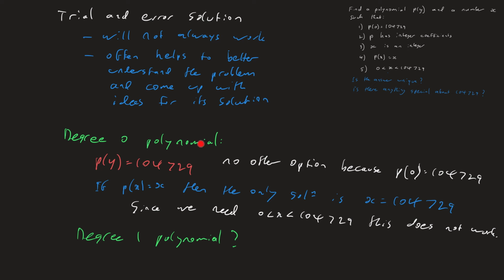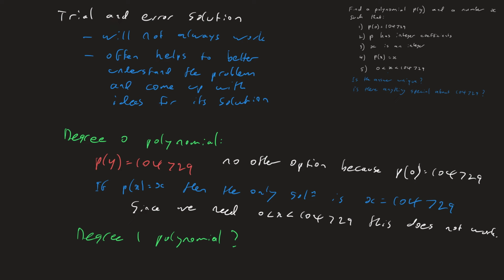Start with a degree 0 polynomial. So we're trying to find a polynomial that is just a constant and for which we can satisfy these 5 things here. It may not be possible, but we'll try. So p of y has to be equal to some number because we've said it's a degree 0 polynomial. This might mean we can't find a solution, but trial and error, start with the simplest possible.